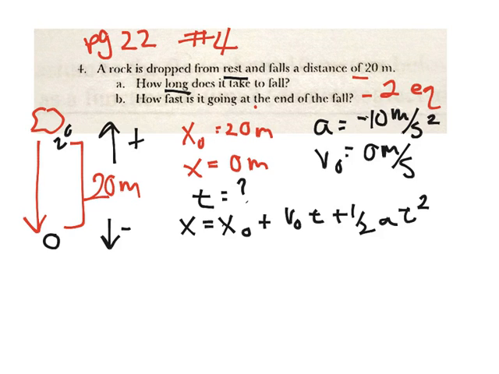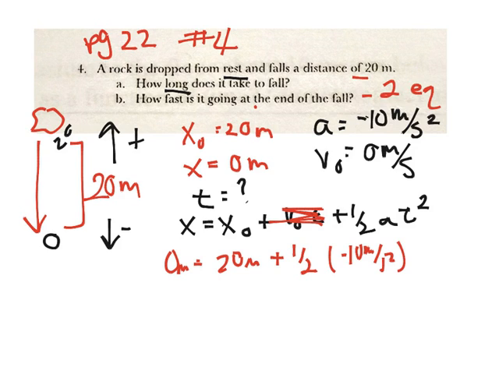We now get to plug in things. We know that x0 is 20 meters. 0 meters is our final. Our initial velocity, because we're starting from rest, is 0, so this whole term goes away. Plus 1/2 acceleration, which is negative 10 meters per second squared, times time squared.